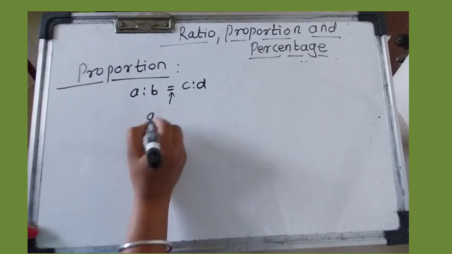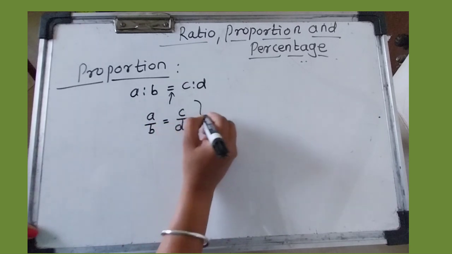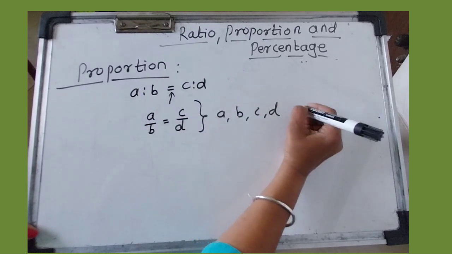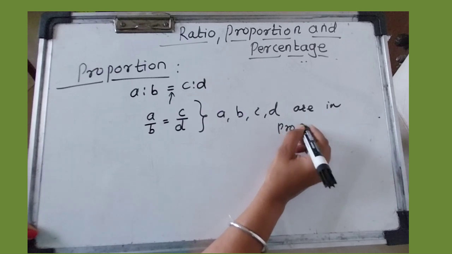So I write it as A upon B equal to C upon D. So A, B, C, D are in the proportion. This is the definition.